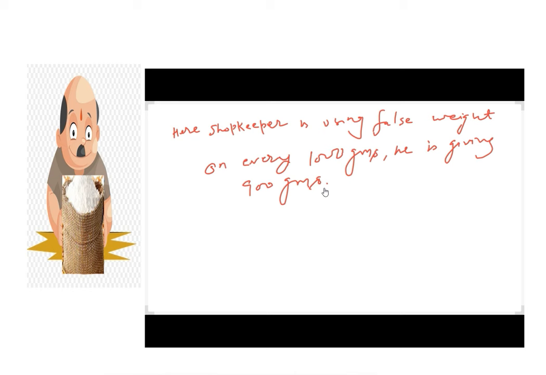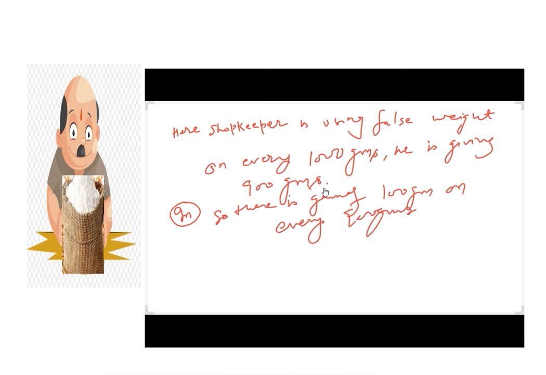So for every 10 rupees item, only a 9 rupees item is given to the customer. So there will be a gain of 1 rupee or 100 paisa to Natkhat Lal.